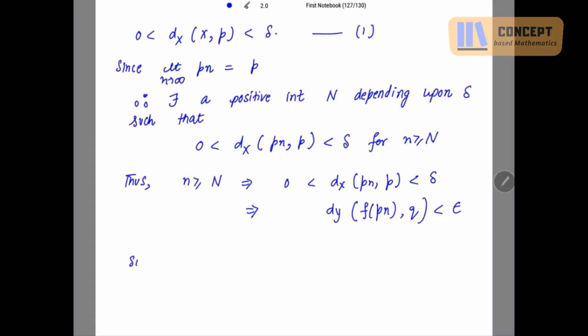Now since distance in y, f of Pn comma q, is less than epsilon for n greater than or equal to N, I got this distance from this definition. So what does this mean? Epsilon was arbitrary.